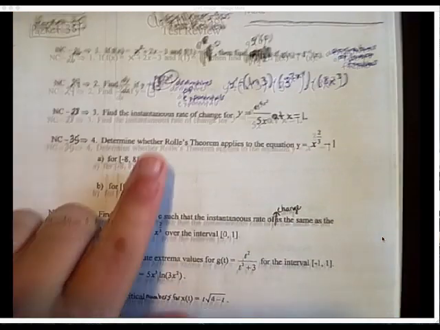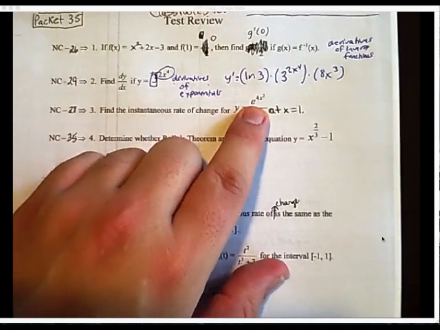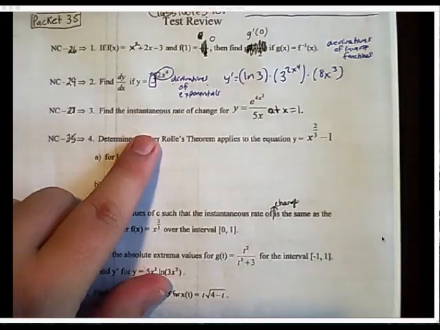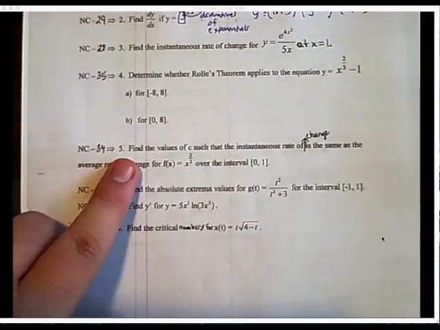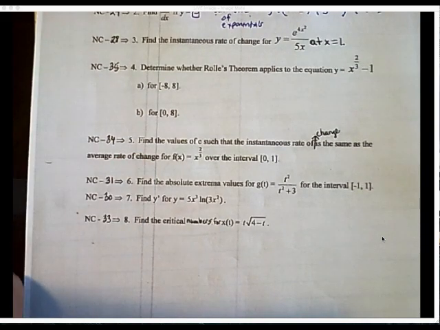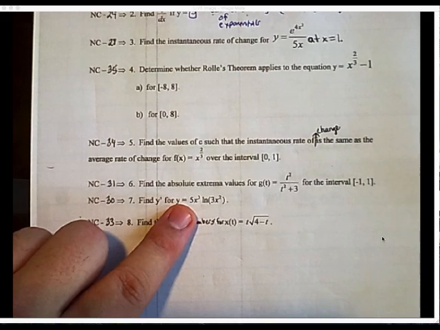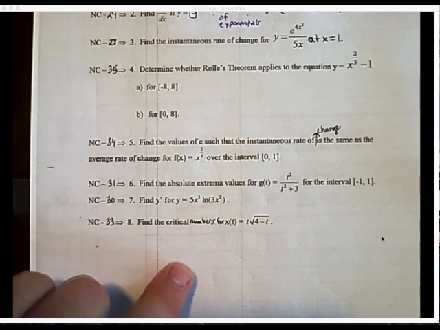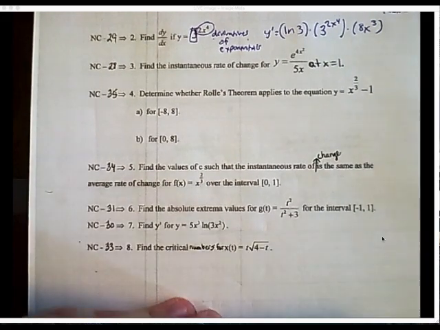Find the IROC, or the derivative at x equals 1 for this quotient function. Determine if Rolle's theorem applies. Here's a mean value theorem problem. Absolute extrema. It's finding a derivative of a product. Finding critical numbers. So a good review sheet. So try to get that done this evening.